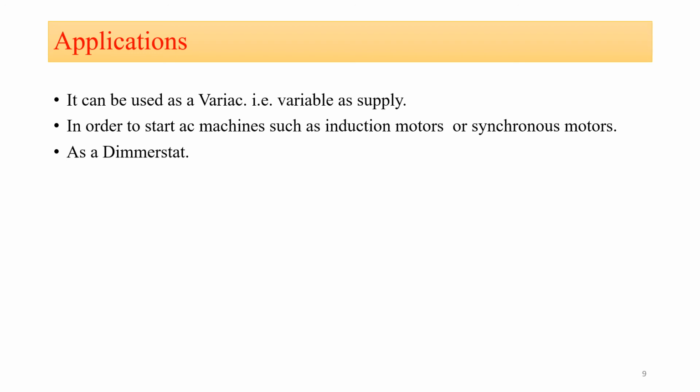We can also use it in the application of a dimmerstat. What is a dimmerstat? A dimmerstat is an auto transformer which is generally connected to the AC supply and produces either step up or step down output. The secondary voltage for the dimmerstat is again the same, V2 equals N2 by N1 into V1. So these are the various applications of auto transformers.